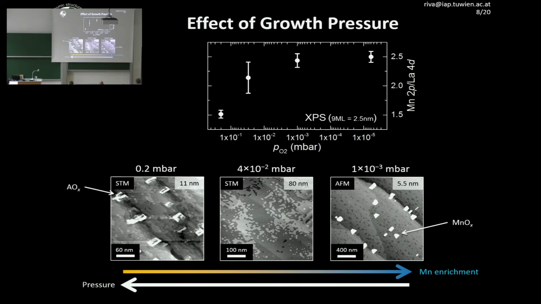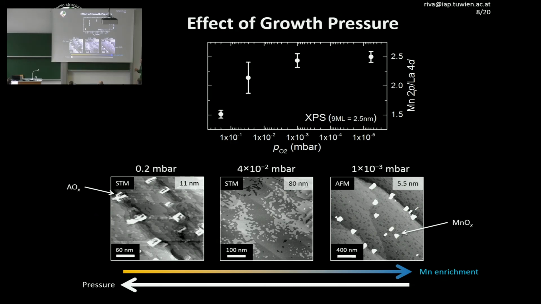So what's going on over here is that most likely at the conditions where we were initially growing, at the laser fluence that we were using, we were ablating preferentially manganese, removing preferentially manganese from the target.